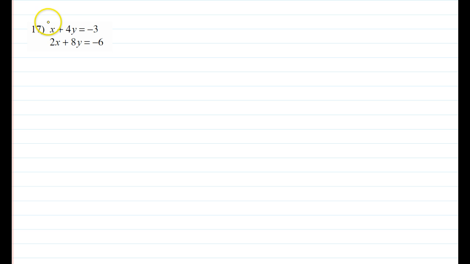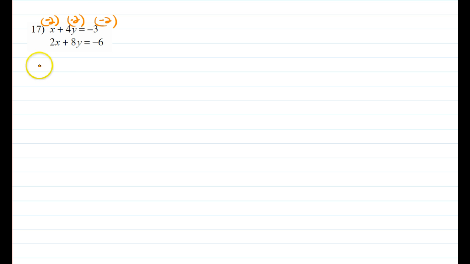And so what we have to do is we have to multiply the whole entire equation by negative 2. So we're going to take negative 2 and multiply each term by negative 2. I got to put a negative 2 here, negative 2 here, and a negative 2 here.